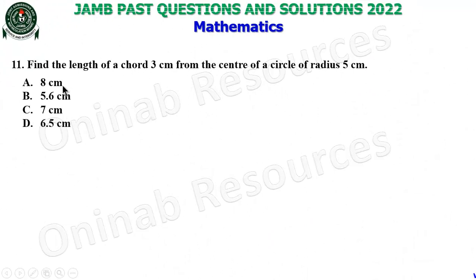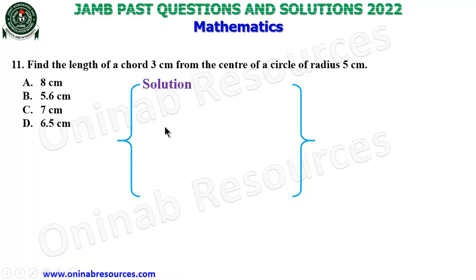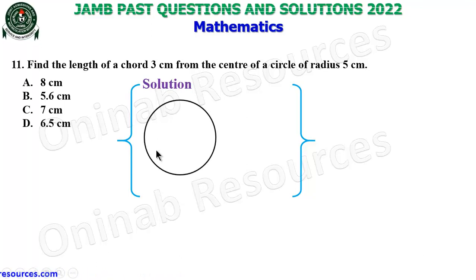For problem 11, find the length of a chord 3 centimeters from the center of a circle of radius 5 centimeters. So in our solution, we are going to draw the diagram, a circle, and we're told of a chord and the radius 5 centimeters, and the center is this.